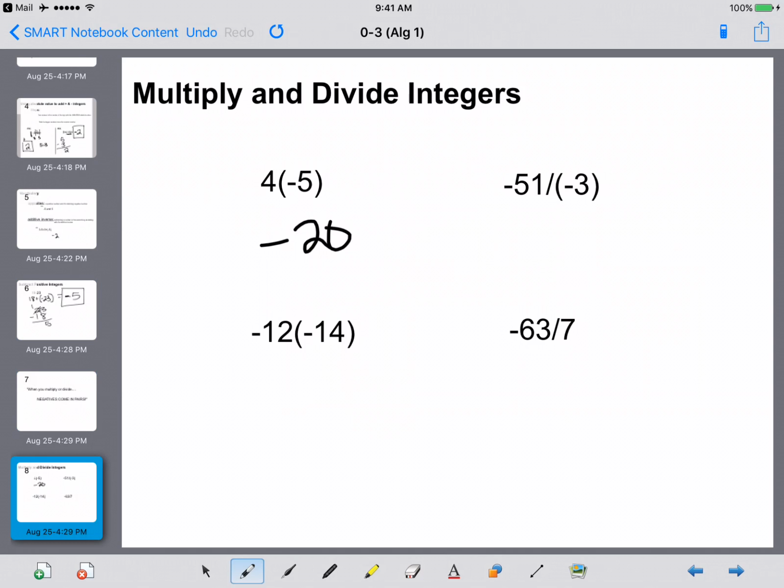A negative and a negative, our answer is going to be positive. And 51 divided by 3 is 17. A negative times a negative, positive. 12 times 14, 168. And negative 63 divided by a positive will get us a negative number. 63 divided by 7 is 9.